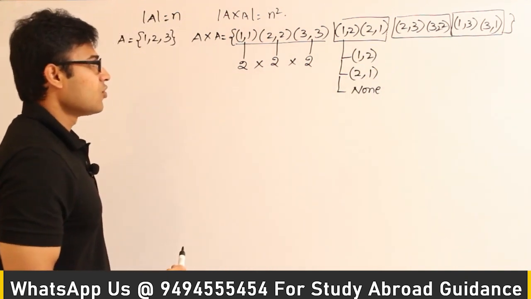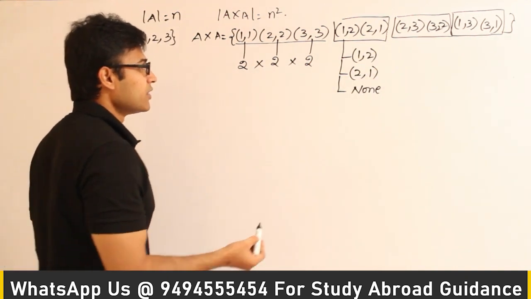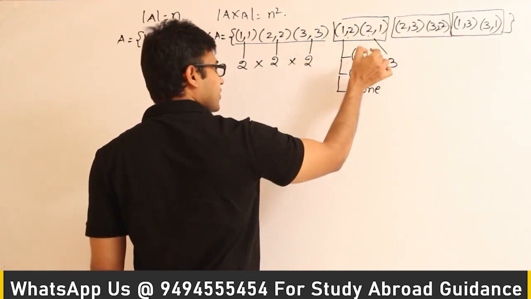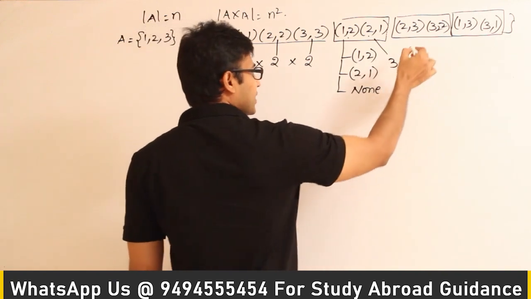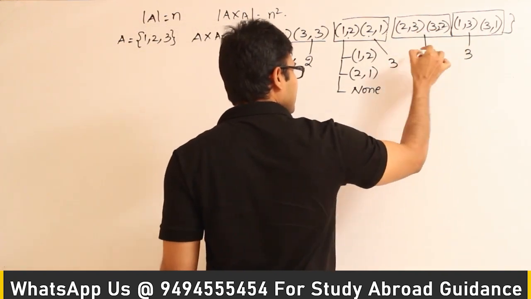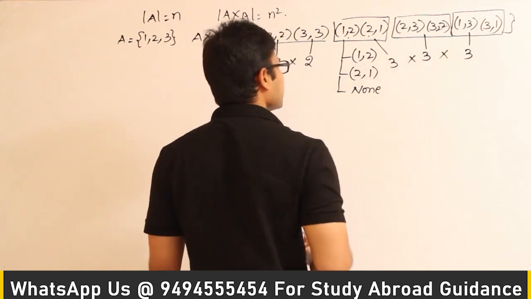Got it? Therefore each pair is going to give us three cases. Either you include the first one or the second one or none of them. And similarly this pair is also going to give us three cases. This pair is also going to give us three cases, 3 into 3 into 3.